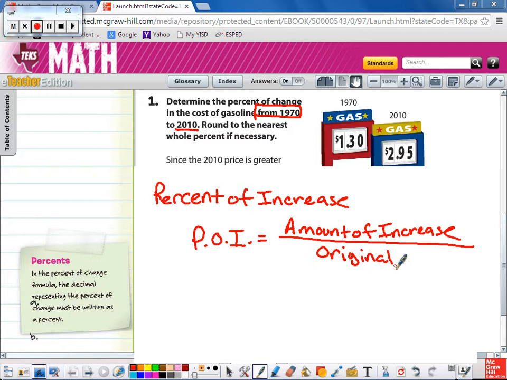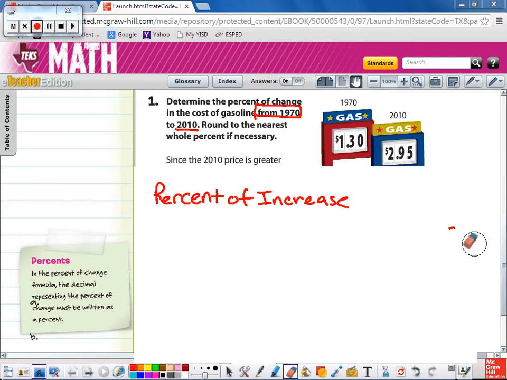Okay, so now that I have that, I know that it's percent increase from 130 to 295. I have the amount of increase and my original. So I'm going to go ahead and erase this and make myself some more room.